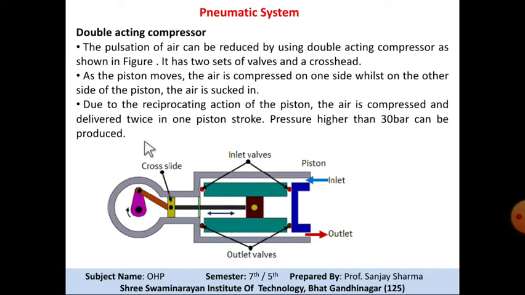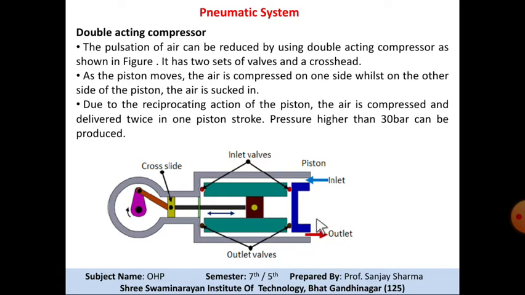So what is the advantage of that? Here you can see the pulsation of air can be reduced. Whatever air is delivered from the compressor, we get continuously, meaning there won't be a gap between the suction and delivery strokes. So in order to get continuity of air and reduce the pulsation in the quantity of air delivered at every stroke, the double acting compressor is used.